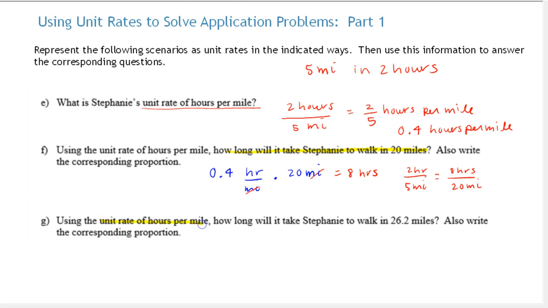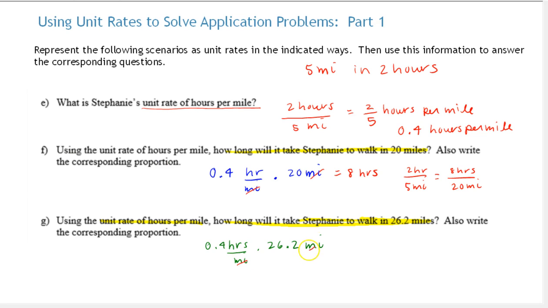Using the unit rate of hours per mile, how long will it take Stephanie to walk 26.2 miles? Okay, so that's a marathon, but at least she's walking. Okay, so we're going to use 0.4 hours per mile times 26.2 miles.